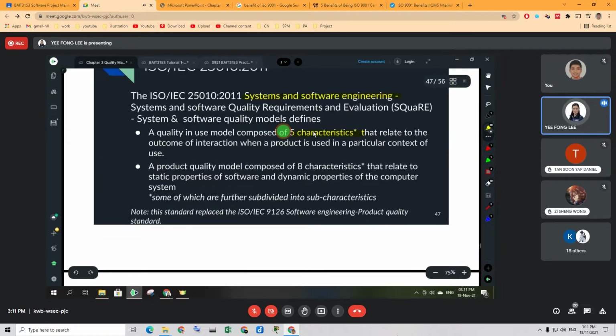So all these characteristics will not be outdated, still there. The question is whether these characteristics are suitable to be applied to your software. How relevant to the context of usage?